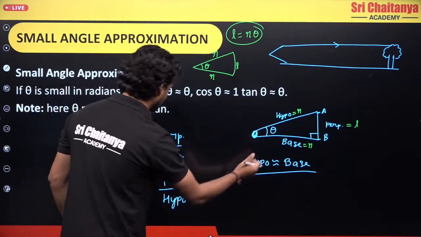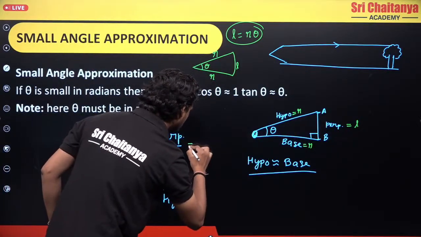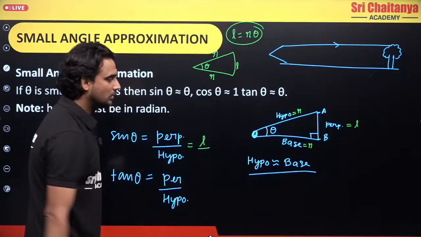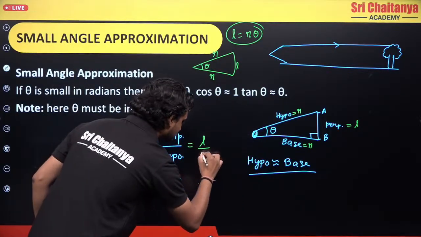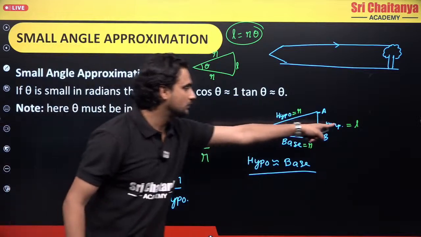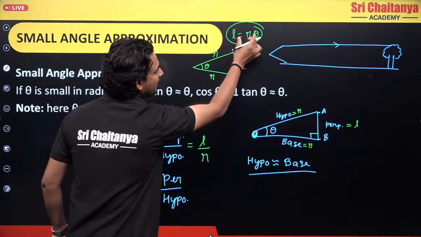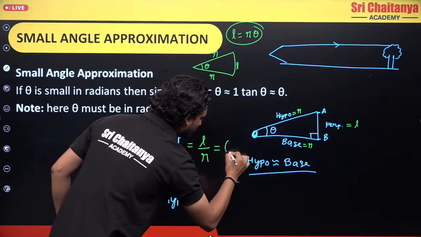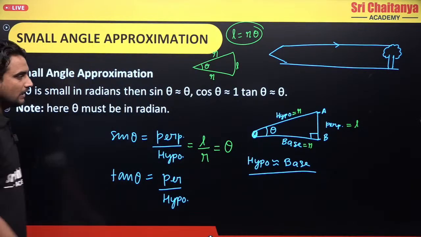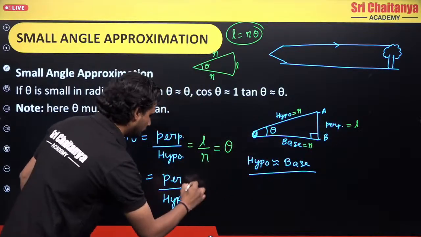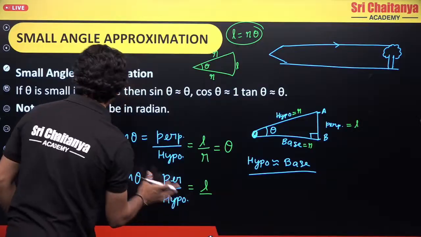The perpendicular is L and the hypotenuse is equal to R. And what is L by R? From this I can say L by R is equal to theta. Similarly for tan theta, what is tan theta? Perpendicular upon base, I am sorry.